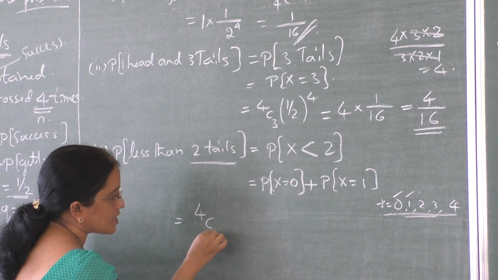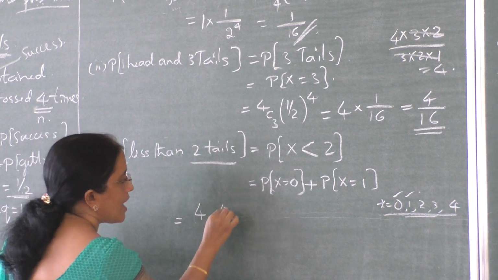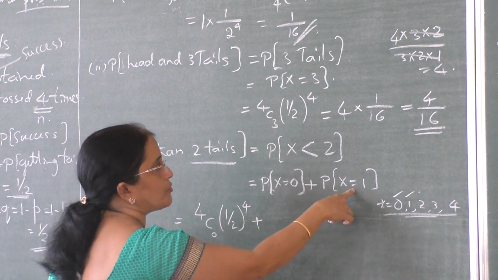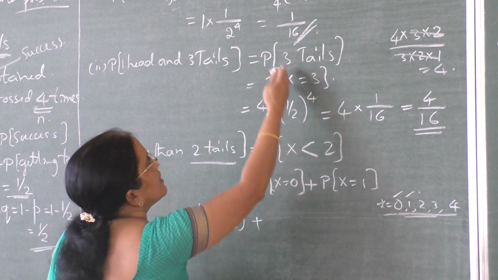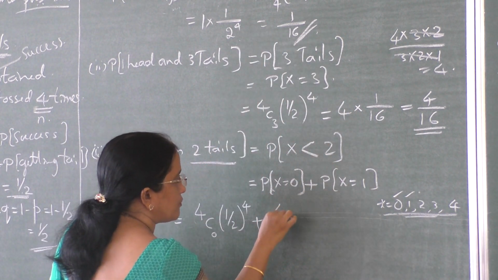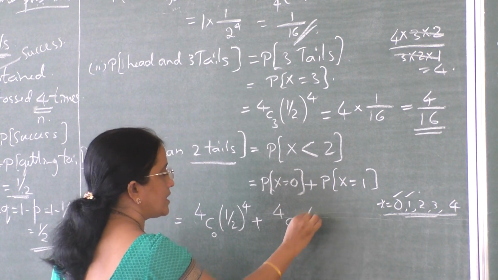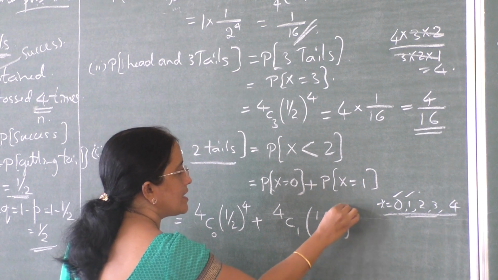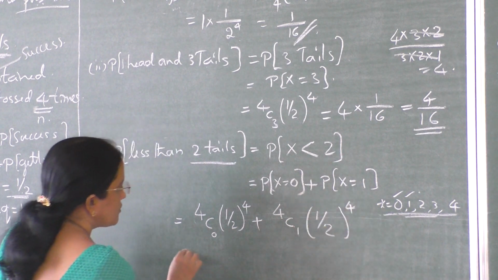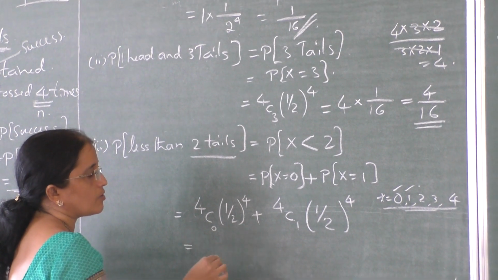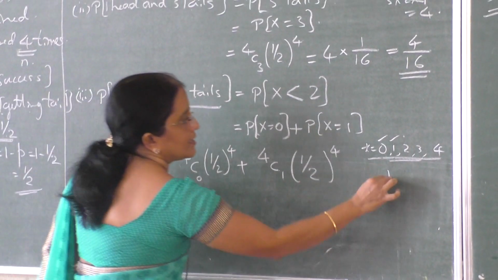4Cx, 4C0 into (1/2) power 4, plus put x is equal to 1 in the probability mass function as earlier. The factor 4C, in place of x we must write 1. Next (1/2) power n is 4, which is equal to 4C0. nC0 is equal to 1.